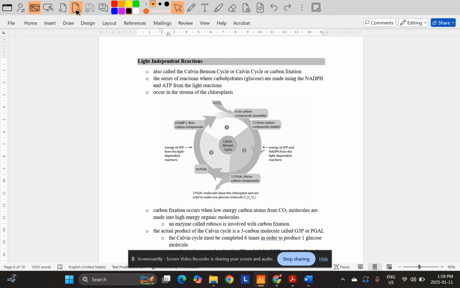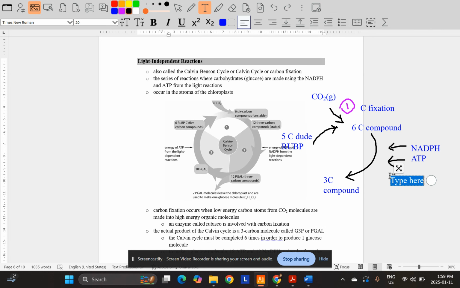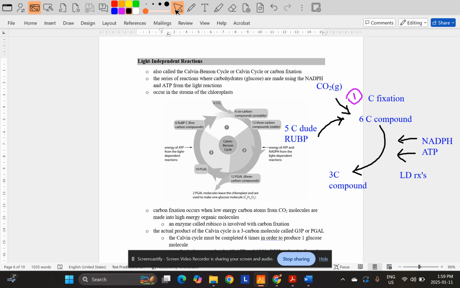Now along come the products of the light dependent reactions, which we've built up to in our other videos. We've got NADPH, the high energy electron carrier with reducing power, and the ATP molecule made by chemiosmosis.